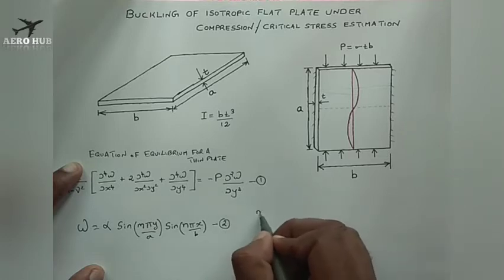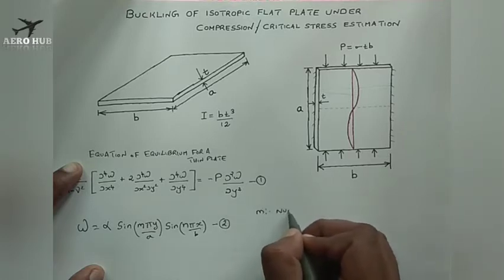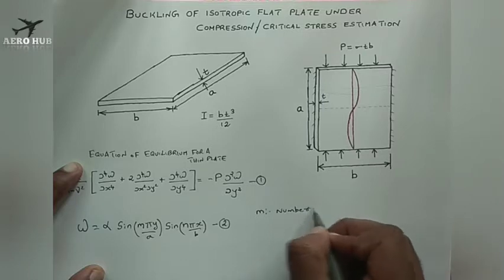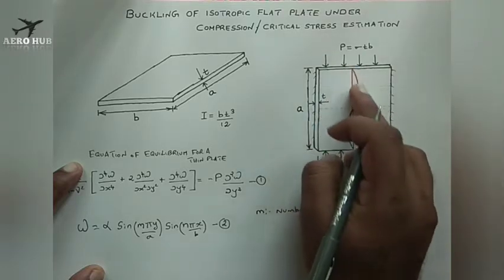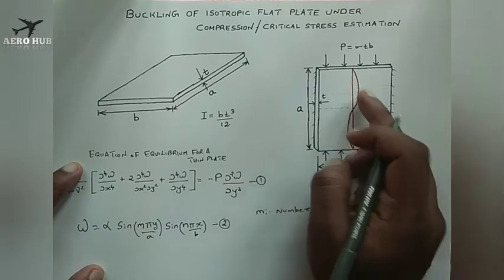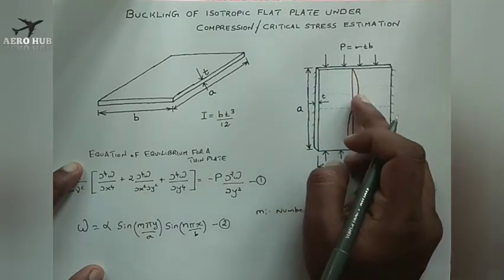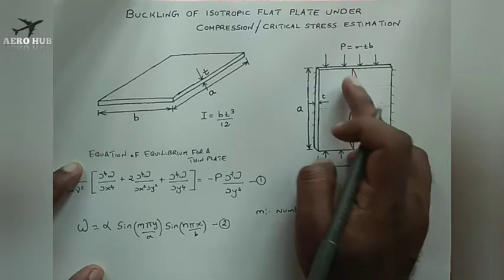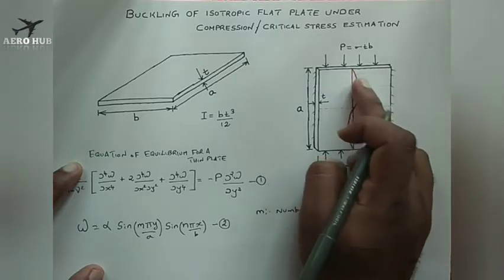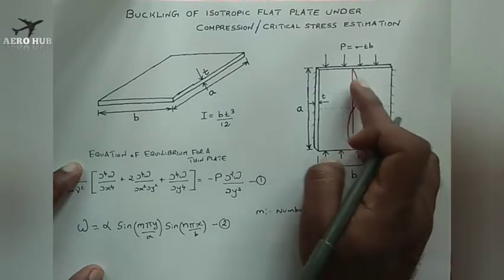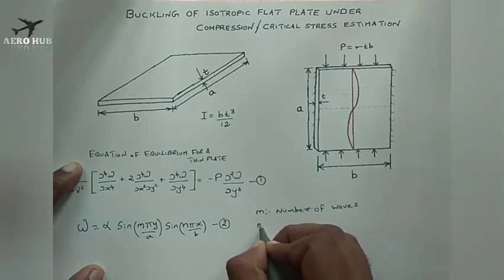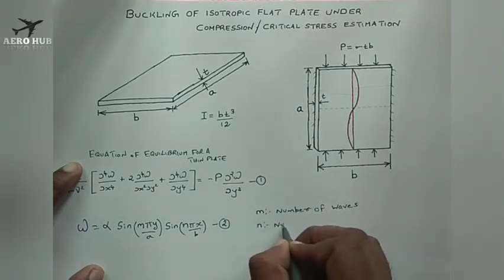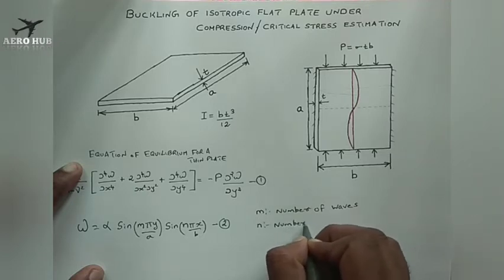Here m is the number of waves. When I apply a compressive load, the plate will deform in the form of a sine wave; here we have two sine waves. So m is the number of sine waves, and n is the number of modes.